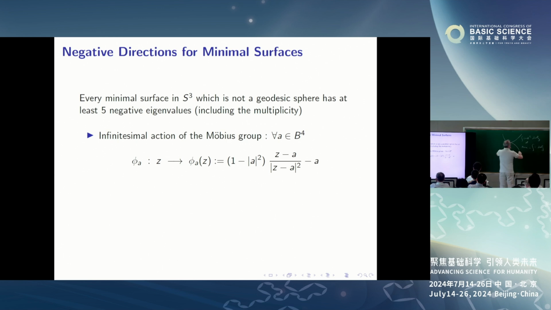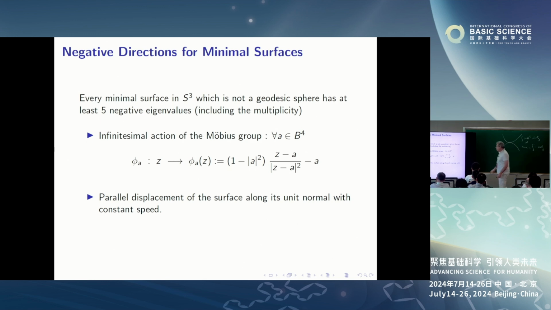You see, this one was invariant under the Möbius group. This energy is less coercive. Therefore, it is sensitive to the Möbius group. And as soon as the Möbius group acts on your surface, it is decreasing the energy. So this is the first possibility. This is here the kind of transformations you could apply to your surface, of course, modulo isometry. These ones are producing really strictly negative eigenvalues.